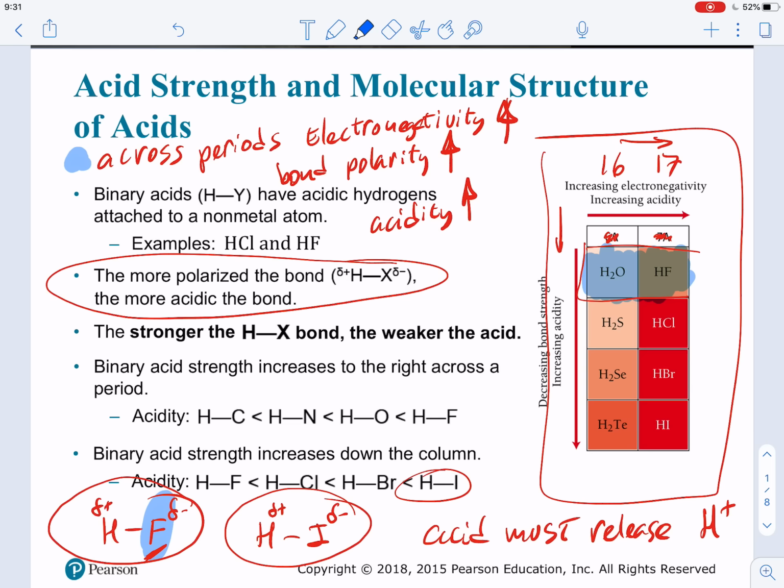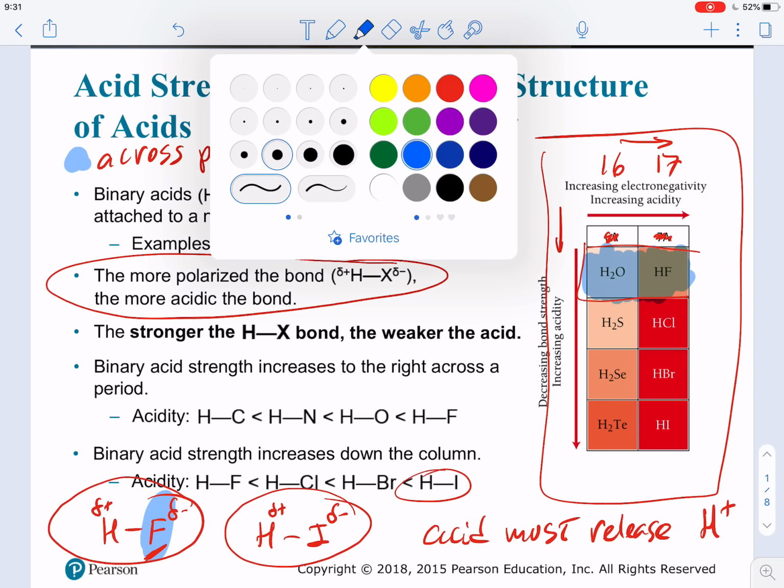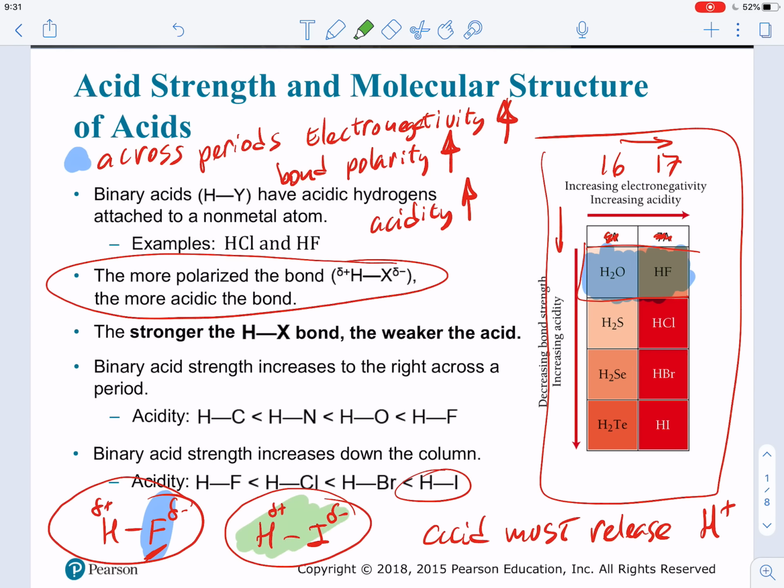However, for hydroiodic acid, which is this one, iodine is not that strong. It's still an acid, but because iodine is not that strong in terms of electronegativity, those partial charges are not so strong, so the attraction between the proton and the iodide is not as strong as in the case of hydrofluoric acid. So that proton from hydroiodic acid is really ready to go. It will go a lot easier than in the case of hydrofluoric acid.